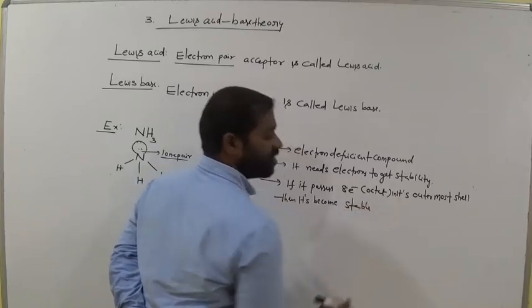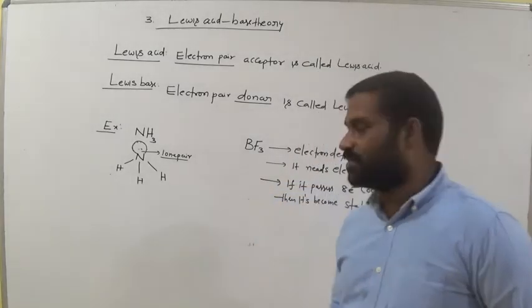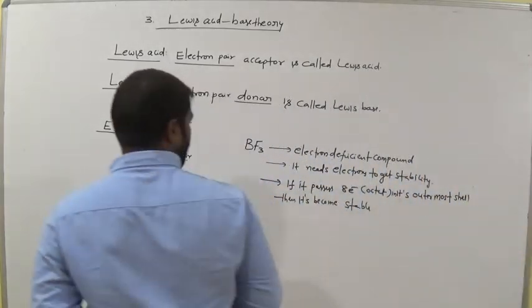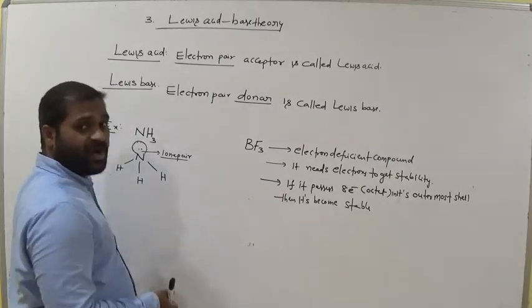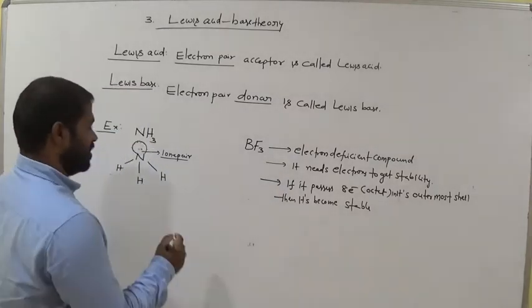Am I right? If any compound or atom gets 8 electrons in its outermost shell, then it becomes stable. So boron trifluoride is an electron deficient compound. It is not actually stable. It needs electrons. So let's see.